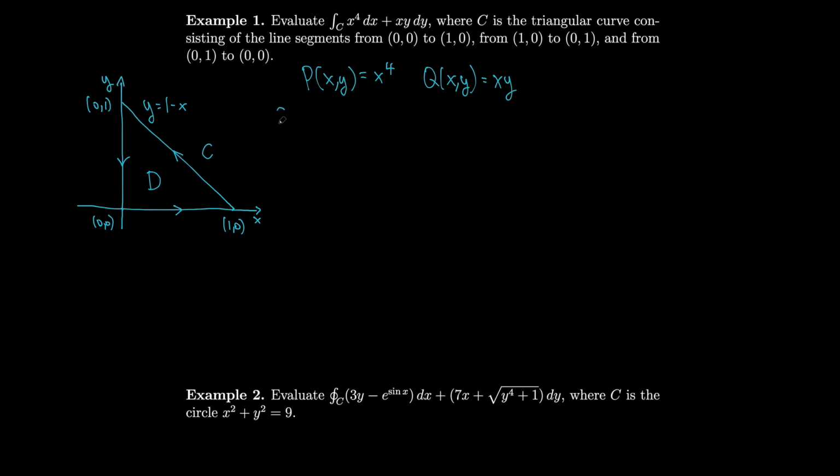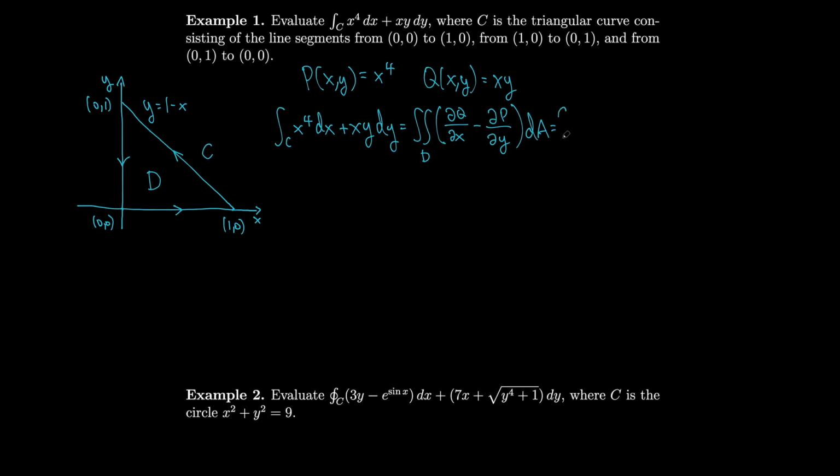So then our line integral over C of x to the 4th dx plus xy dy can be rewritten using Green's theorem as the double integral over D of the partial of Q with respect to x minus the partial of P with respect to y. So we always have x before y, but we swap P and Q in the order when we do our double integral.